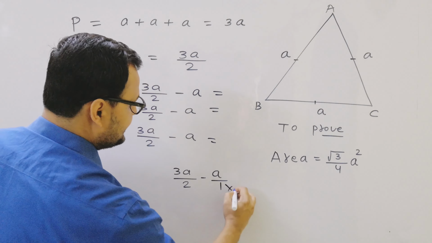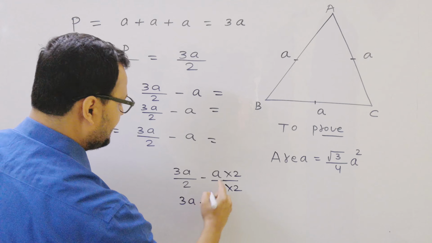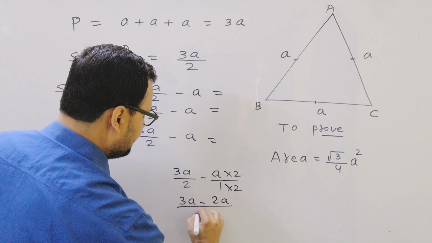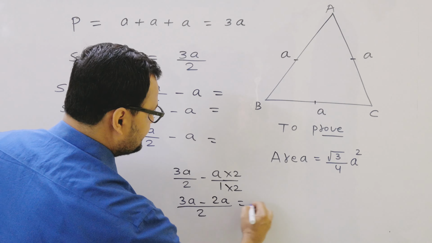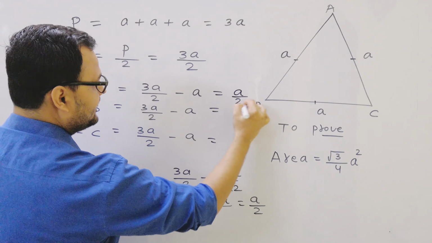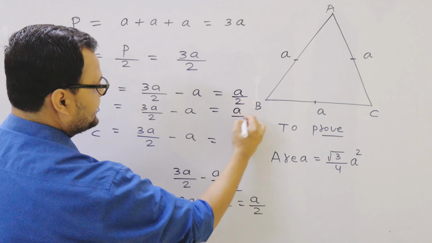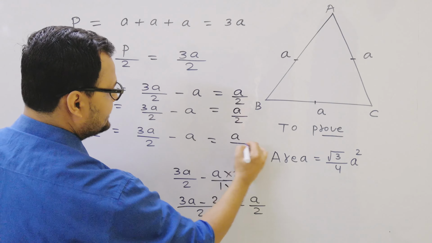So I got 3a minus a into 2, I got 2a, and by 2. So what I got? I got a by 2. So it means s minus a equals a by 2. The same thing I will get for s minus b, that is also a by 2, and this is also a by 2.